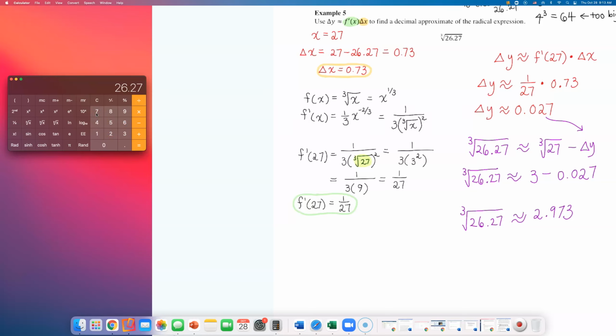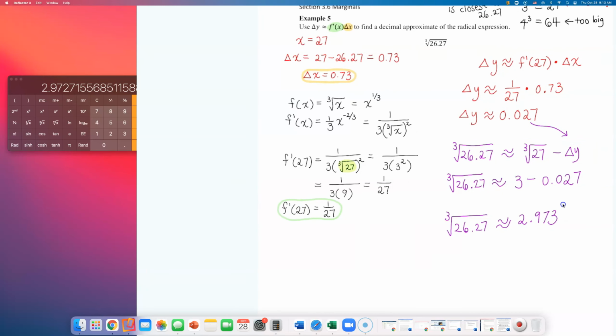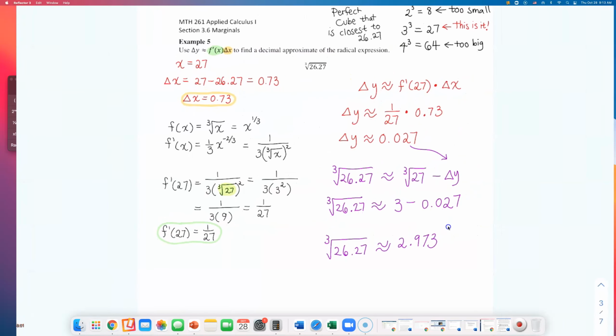So let me hit the cube root button one more time. Ta-da! Now that's much better. So the cube root of 26.27 according to a calculator is 2.9727, and our approximation using calculus was 2.973. So I think we got very close to the actual thing.